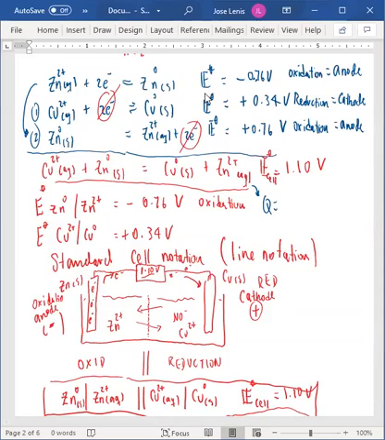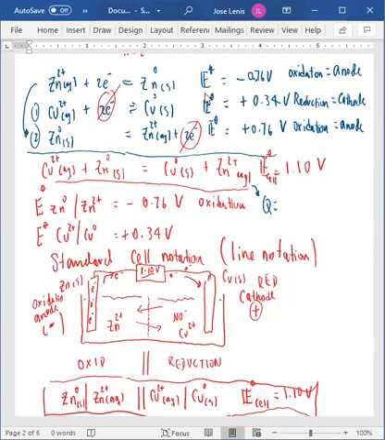And remember, in order to do that, you need to reverse the reaction that is showing oxidation. On this side, how do you know it's showing oxidation? Because this part of the reaction is producing electrons, is losing electrons.